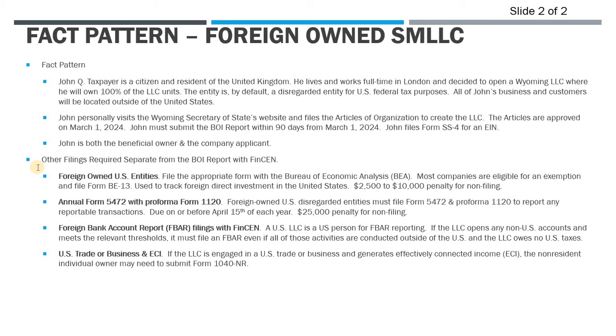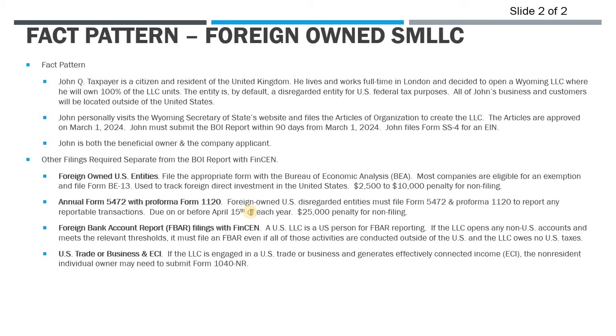Now, before we get into the BOI report, some other filings that you always need to consider because these likely apply to you. So the first one, if it's a foreign-owned entity, foreign-owned U.S. entities need to submit forms with the BEA. So the Bureau of Economic Analysis collects information on any foreign direct investment in the U.S. Now, most companies get an exemption, so they just have to file a BE13 exemption form, but that might not apply to you, right?